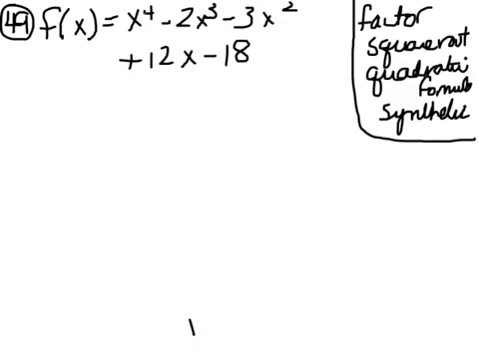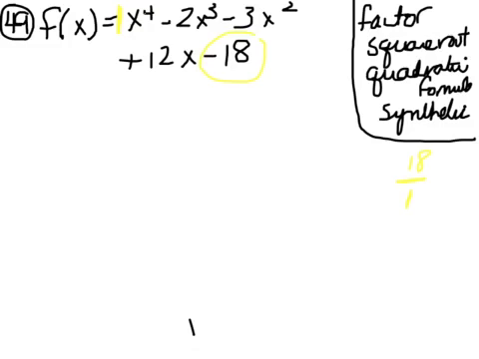Now, if they don't give me anything to start with, do you remember that in last section we said if I have to guess at what to start with, I take the factors of the constant term, this 18 here, or negative 18, doesn't matter because we're going to say plus or minus anyway, and I have to put them over the factors of the leading coefficient, which is 1. So things I could try are all the factors of 18, the positive ones and the negative ones.